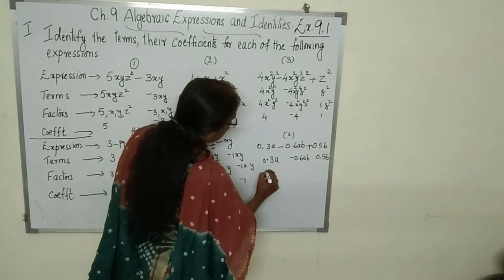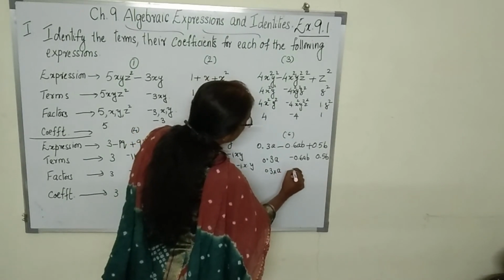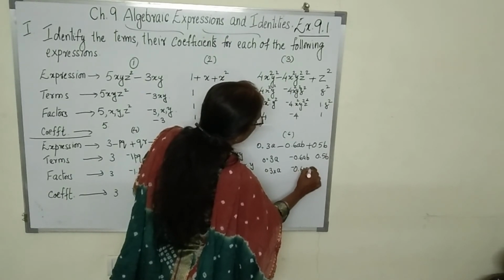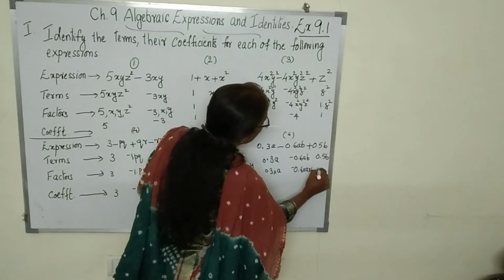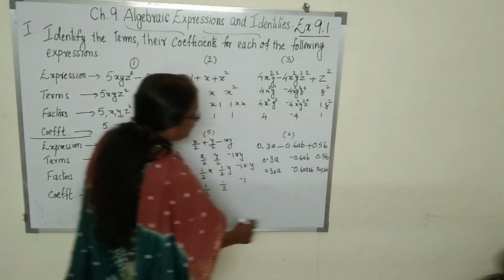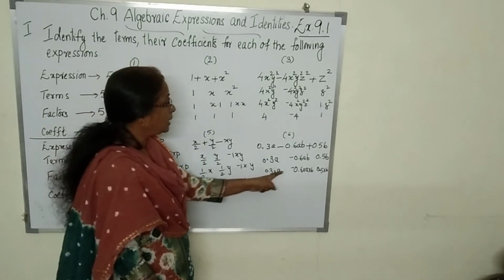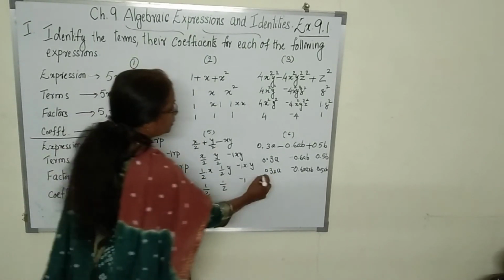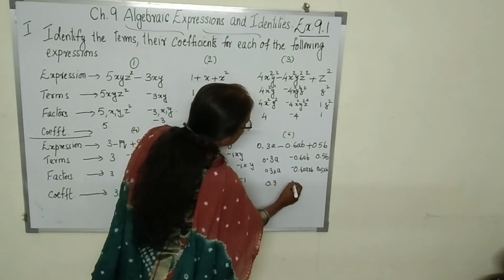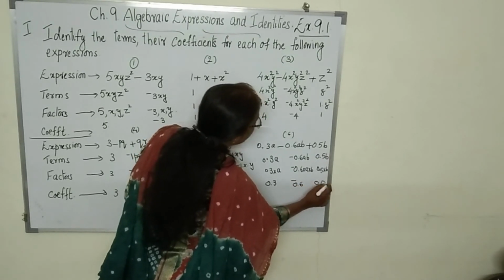The factors are 0.3 into a, minus 0.6 into a into b and 0.5 into b. Here I put a multiplication sign because there is already a dot. You should not get confused. So what are the coefficients? 0.3, minus 0.6 and 0.5.